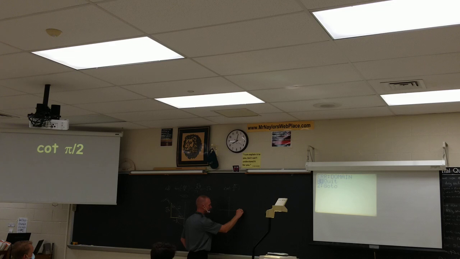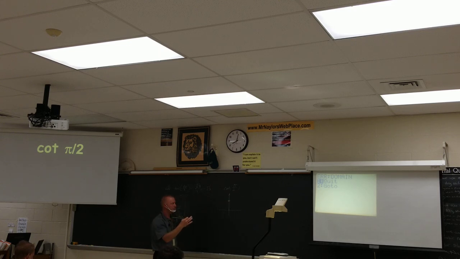Now, I hope this isn't a moment for panic, because pi over 2 is just a place. It's actually an angle, and we can all rotate to it. Once we rotate to pi over 2, we are allowed to use the unit circle because we know the information at pi over 2. We know the x and the y. So when I write 0, 1, and maybe r equals 1, all of that is not a surprise.